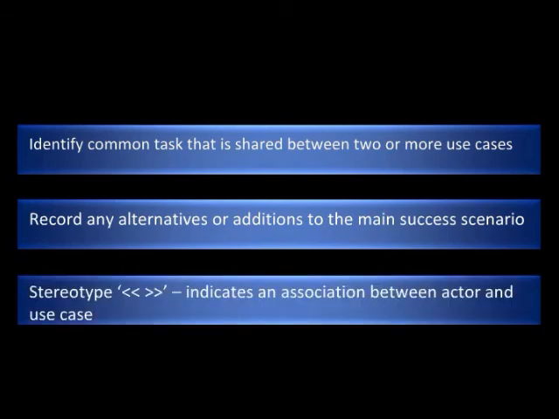Stereotype, denoted by the angle brackets, is a way of adding detail to any part or element of a model. It is a way of expressing variation or a usage distinction that tells you more about the original element. For example, the line drawn between an actor and a use case indicates that there is an association between them.